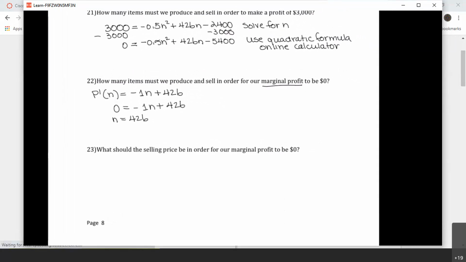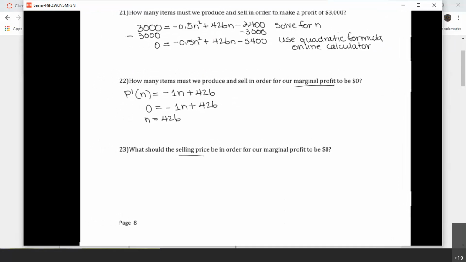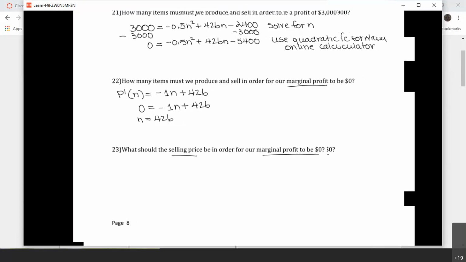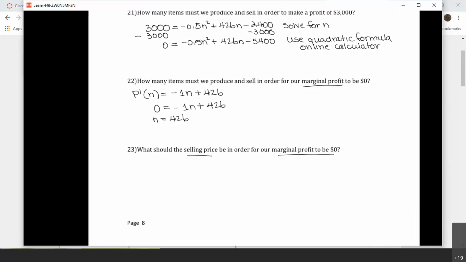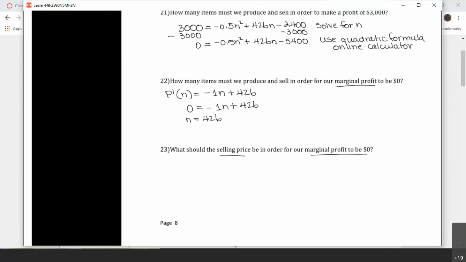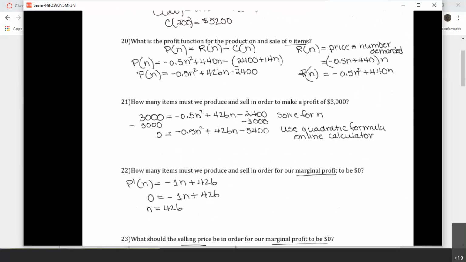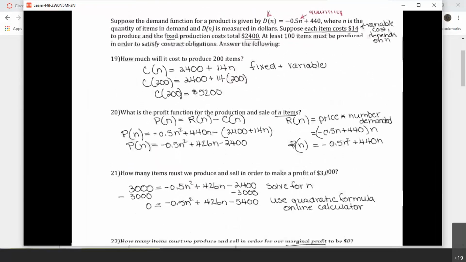And then in order to say what the selling price should be, you know how many you have to sell to get your marginal profit to be 0. So plug 426 into your price formula up here, which was D of n.